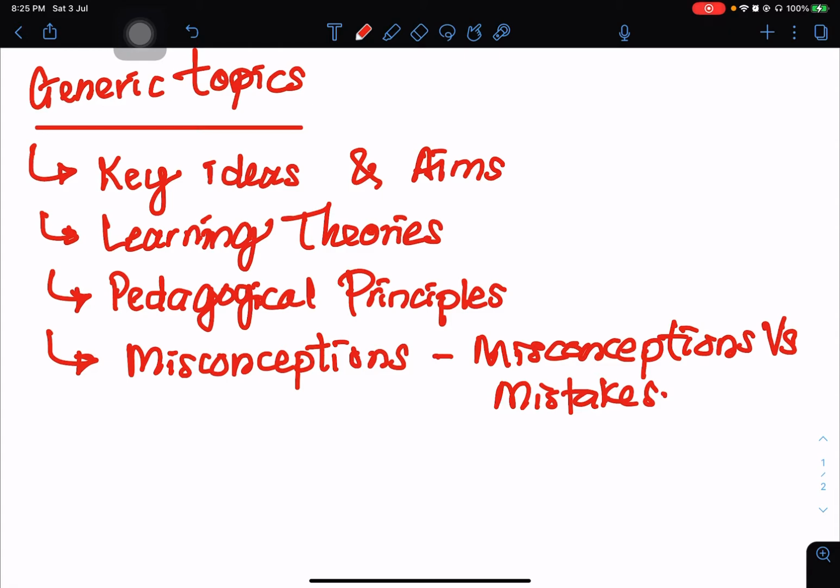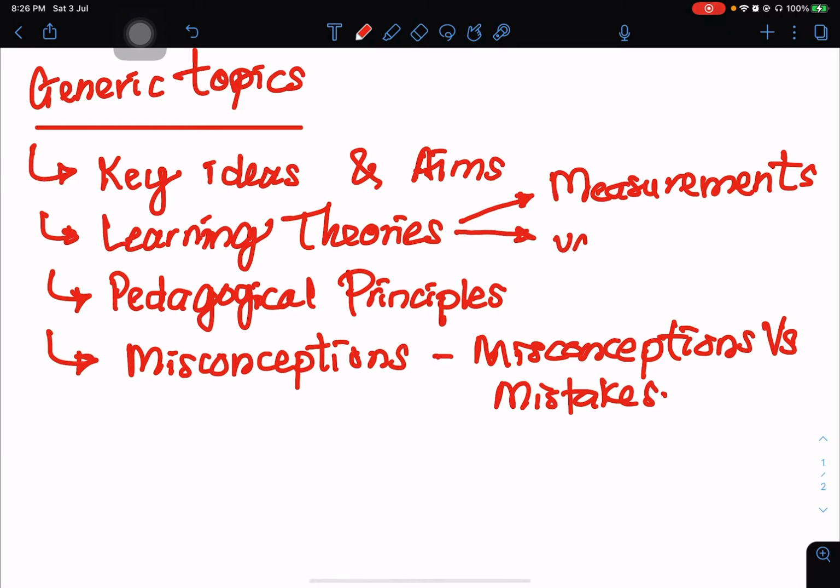Now, for learning theories, we can use all the learning theories for measurement. We can use all the learning theories for geometry, but for geometry, we have a special one, which is Van Hiele.